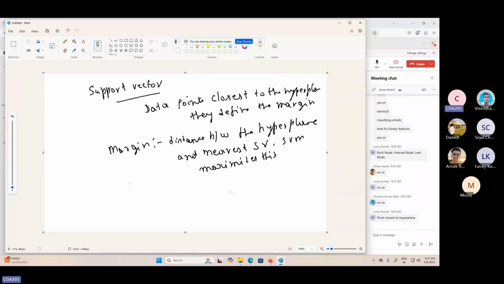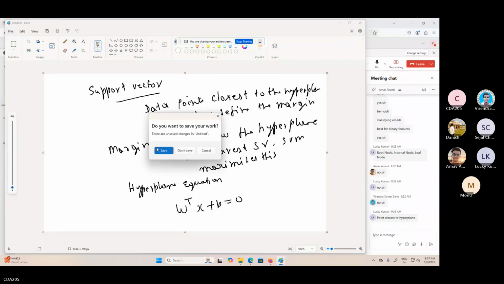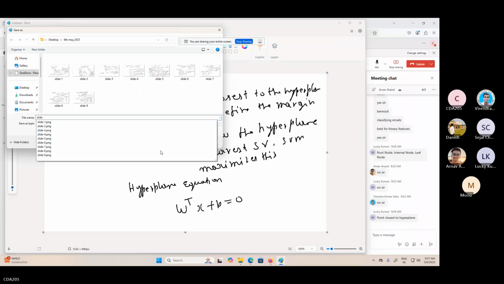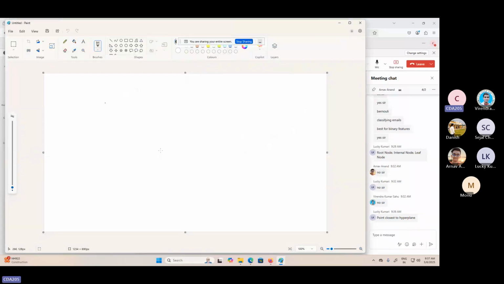Can anyone write the hyperplane equation? That is w transpose x plus b is equal to 0. Now, types of SVM.